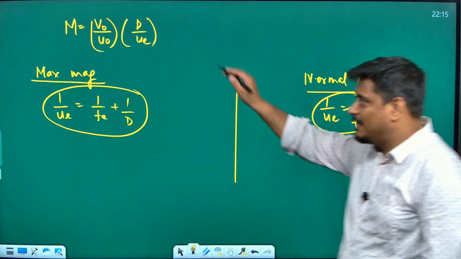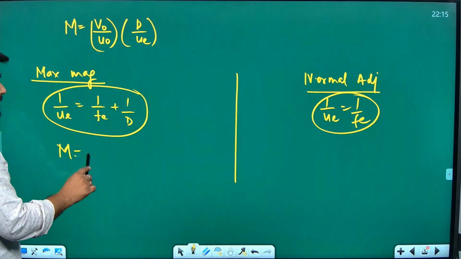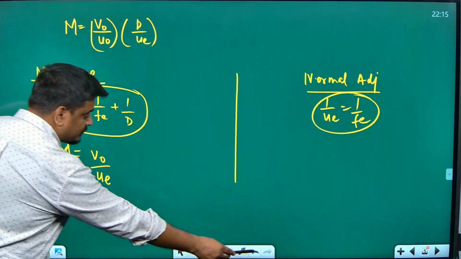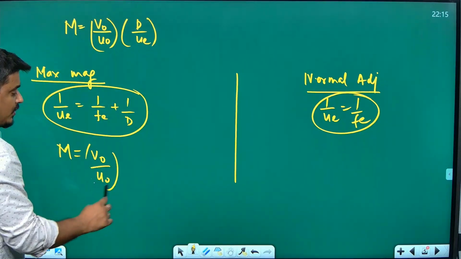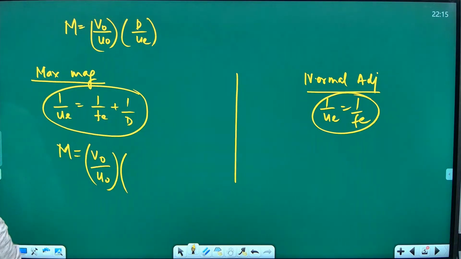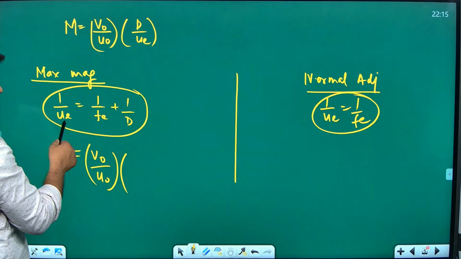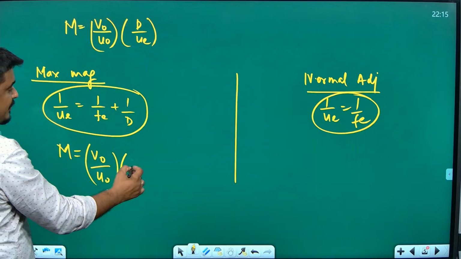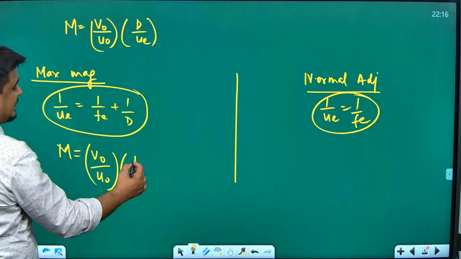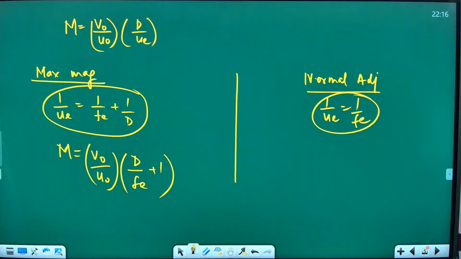Now, magnification for a compound microscope in the maximum magnification case will become Vo by Uo into 1 plus D by Fe. Since 1 by Ue, I can write as 1 by Fe plus 1 by D, it becomes D by Fe plus 1, like I got in the previous case.